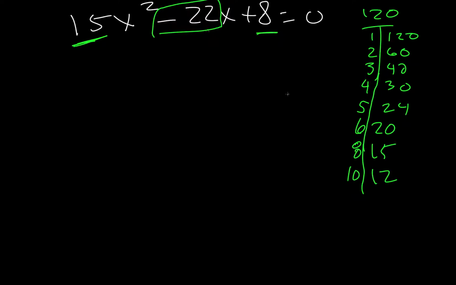And 10 and 12, if we make them both negative, will add up to 22. And also if we multiply them, it's positive 120. So that's definitely what we want.